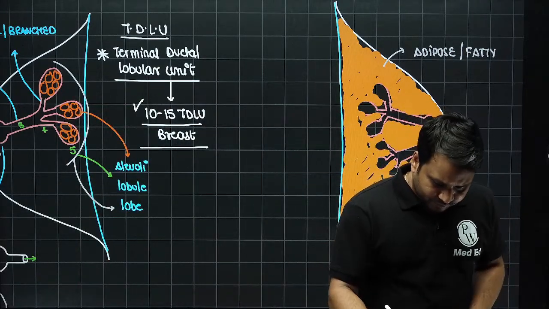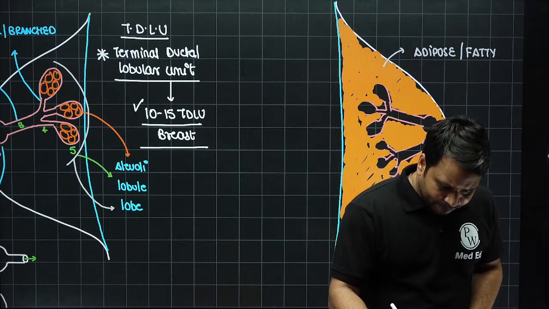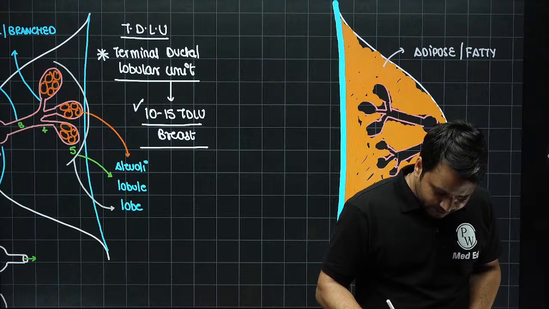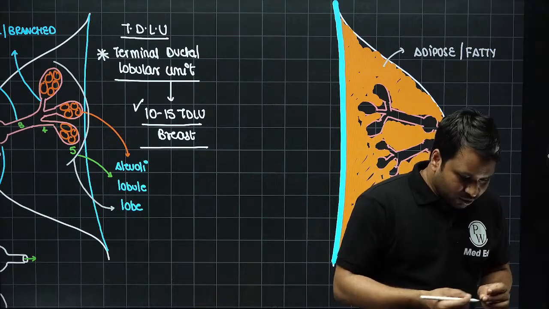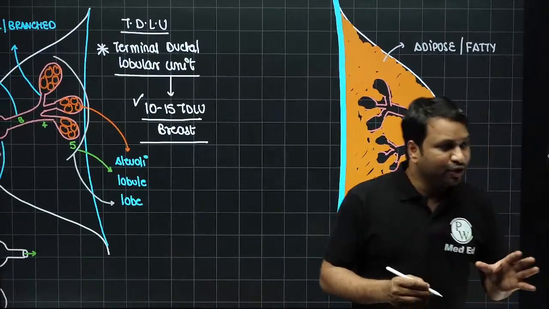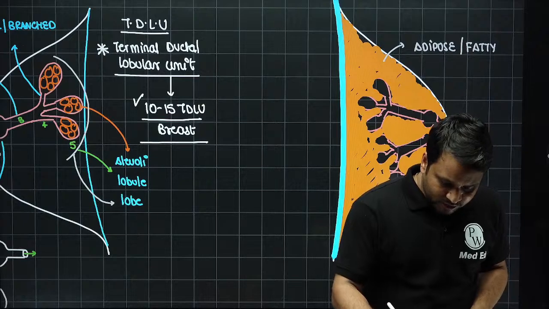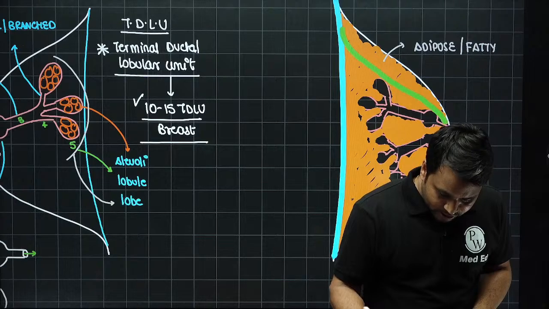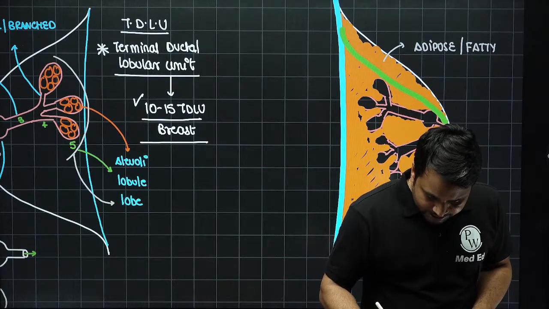Now, as you can see, this is the pectoralis fascia which is present behind, right? From the pectoralis fascia itself, you see there is a fascia that is going to originate, and it is going to engulf the basic breast component.